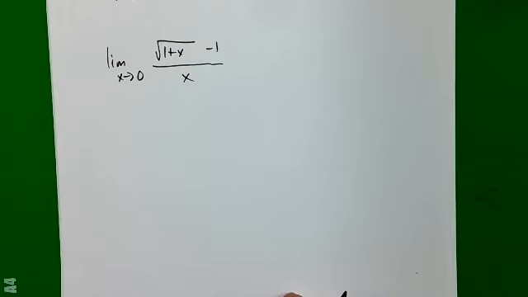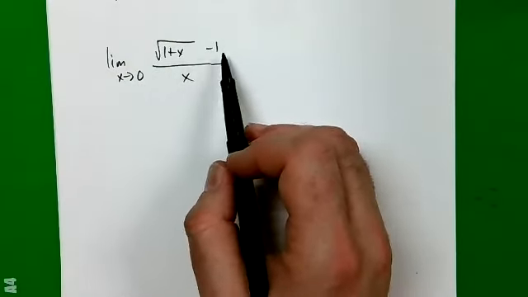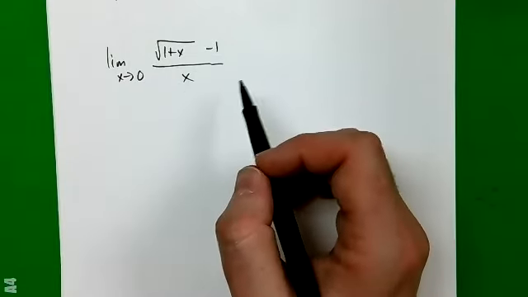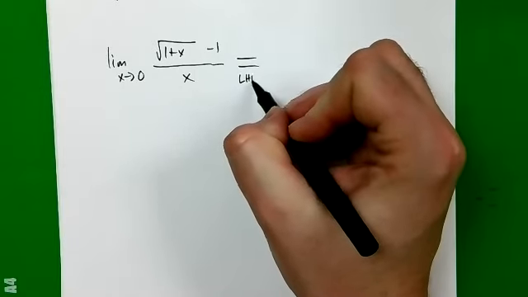L'Hopital's rule, the taking the derivative thing, only works if it's a 0 over 0 indeterminate form. So if we plug in x equals 0, we get root 1, which is 1 minus 1. So the numerator would be 0, and the denominator would also be 0. So it is eligible for L'Hopital's rule.